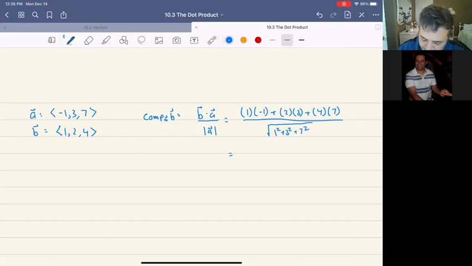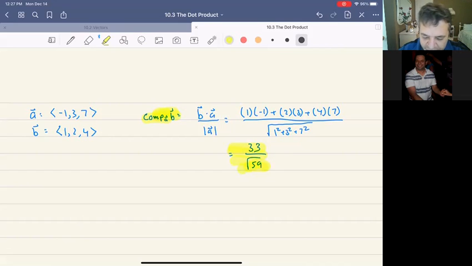Magically, this comes out to be -1 plus 6 is 5, plus 28 is 33, over the square root of 59. Okay, so this is the scalar projection of B onto A.